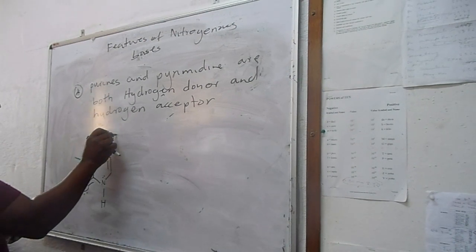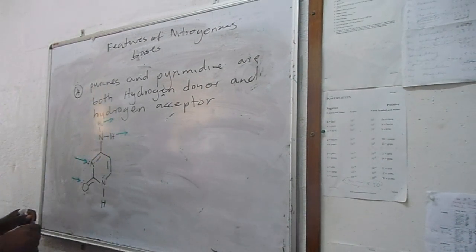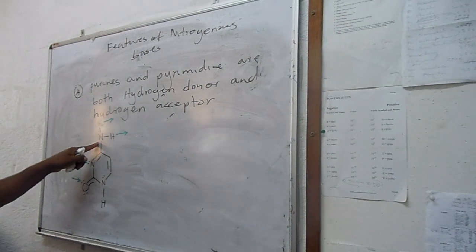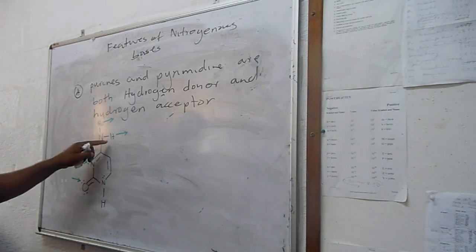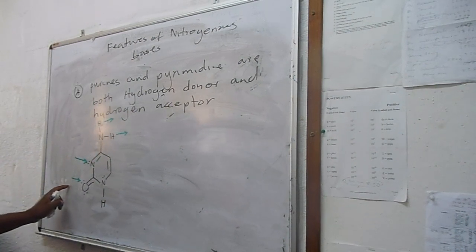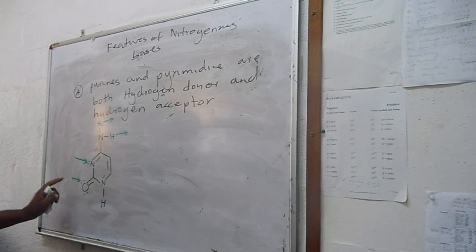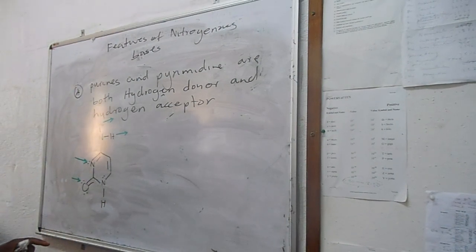These hydrogens can be donated. Remember, they are attached to a highly electronegative element. So this is hydrogen donation. This is hydrogen accepting. Are we together? Hydrogen accepting, hydrogen donation. Okay.